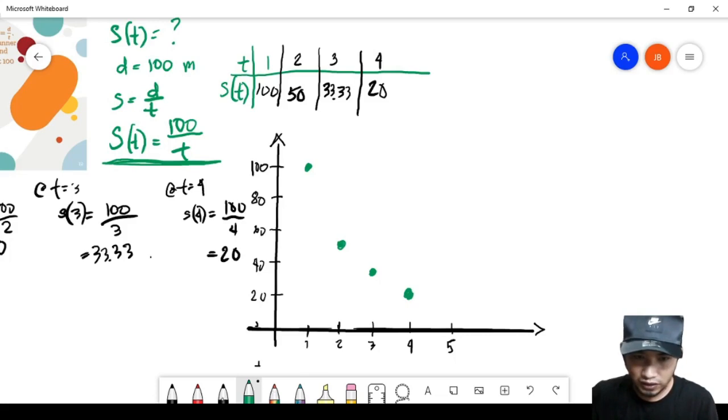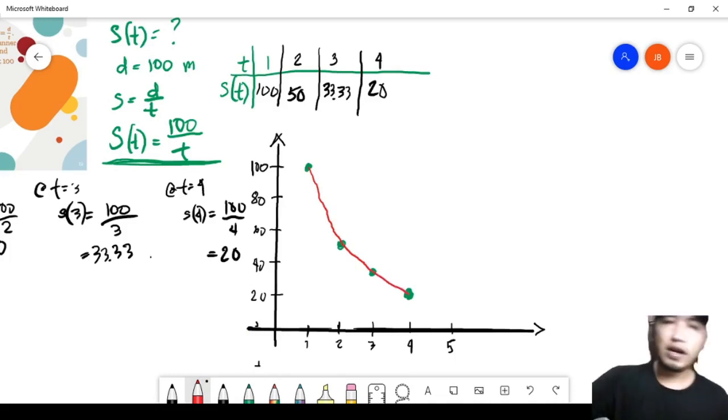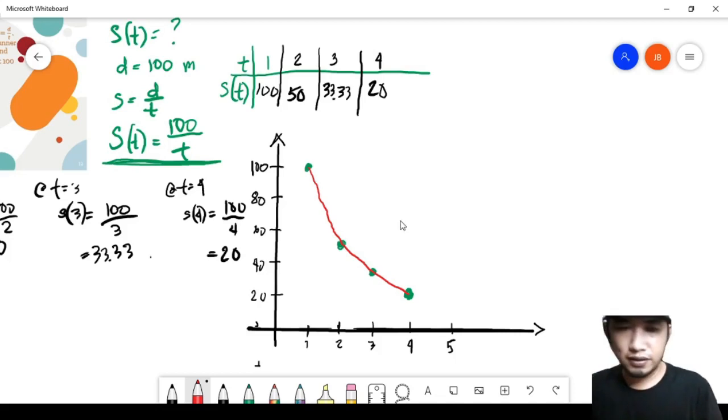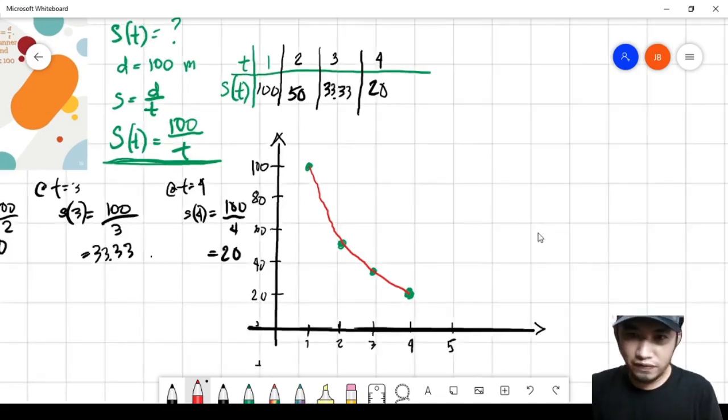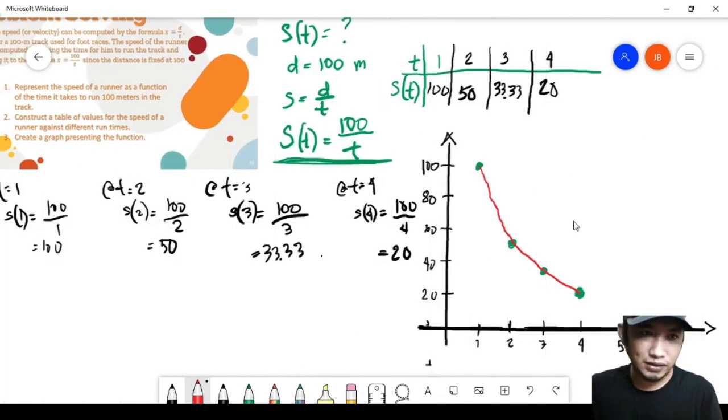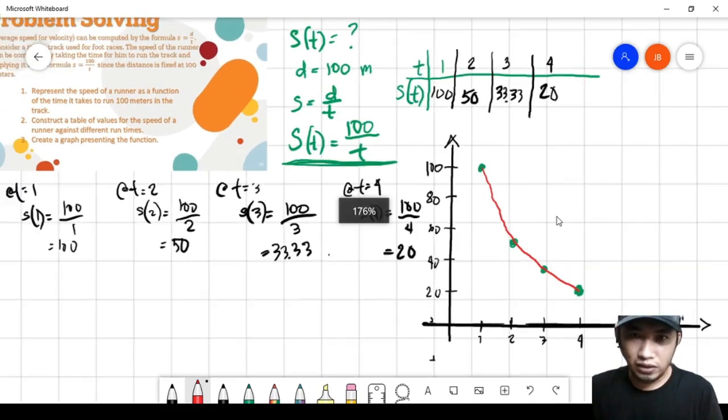Let's connect the dot. Connect natin yung dot. Oh, straight line or curve line? That is a curve line. So, nagawa na ba natin yung tatlong question?